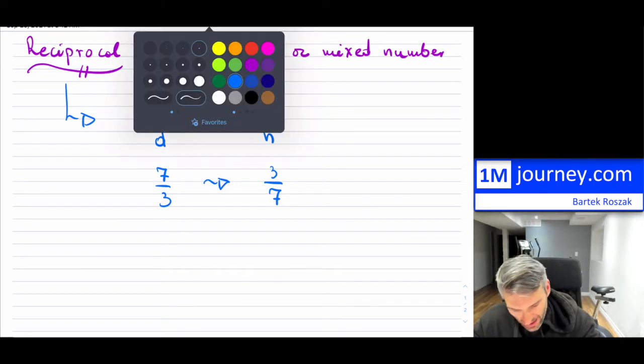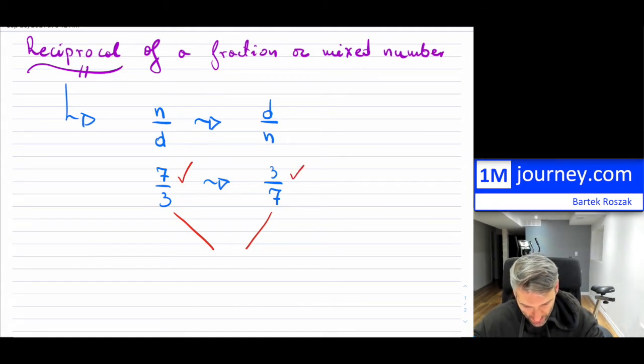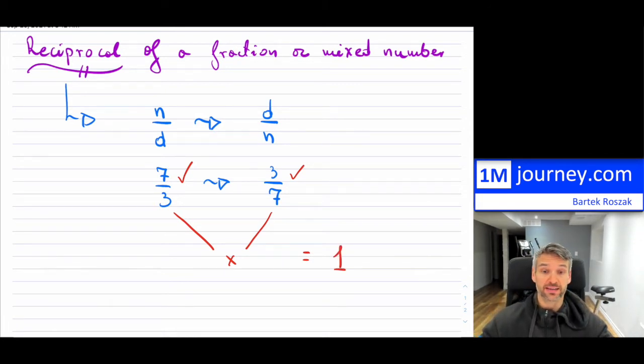The idea behind this is that we want a reciprocal so that the original fraction multiplied by the reciprocal, so if you multiply the two, equals 1. That's kind of the idea behind this whole reciprocal idea.